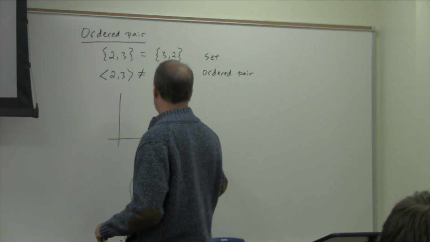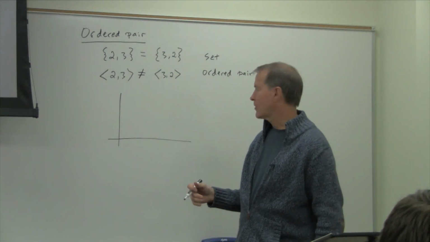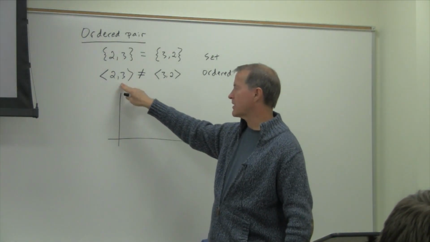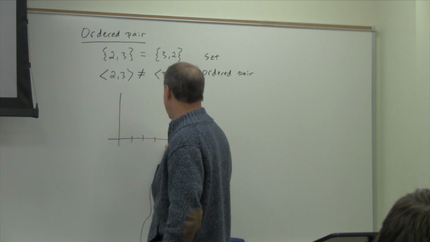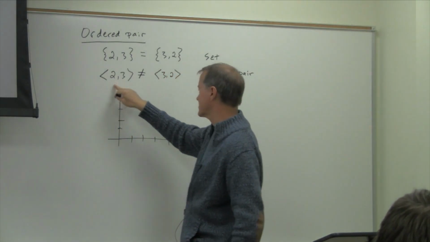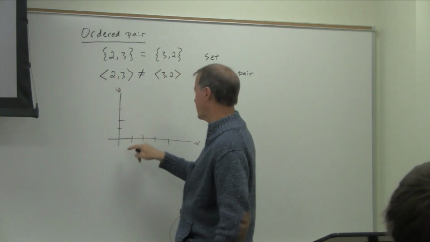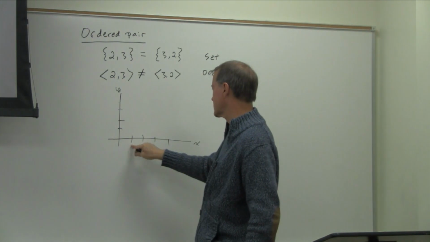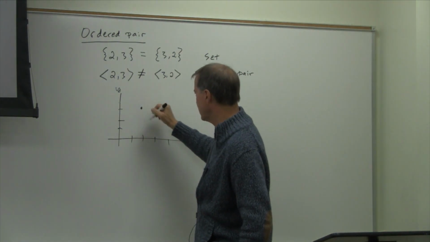And if you want a geometric representation of ordered pairs, you can think of these as coordinates. So this would be the x coordinate and the y coordinate. If this is x and this is y, then for 2, 3, this is x equals 2, y equals 3. So this ordered pair would be here, right?